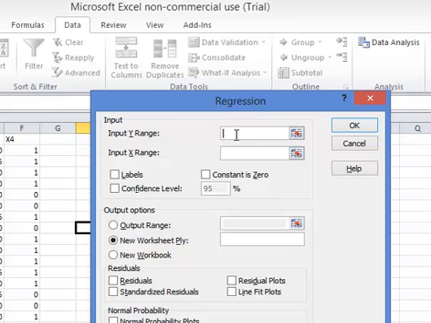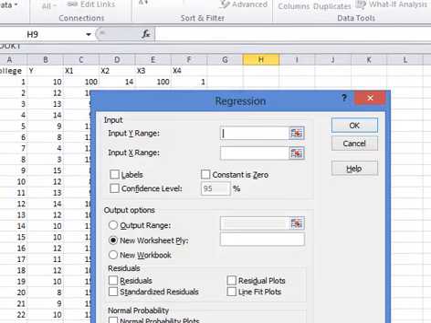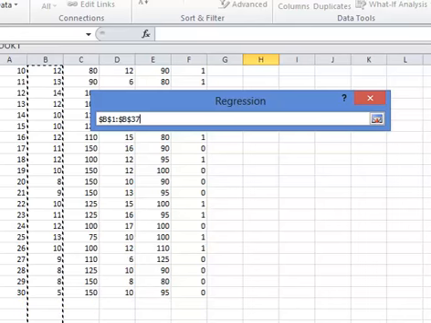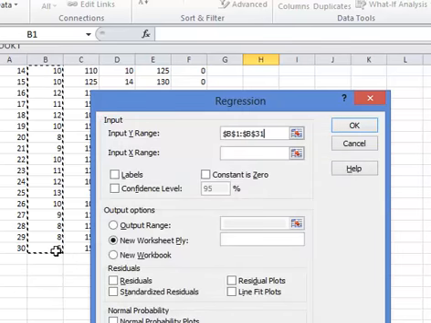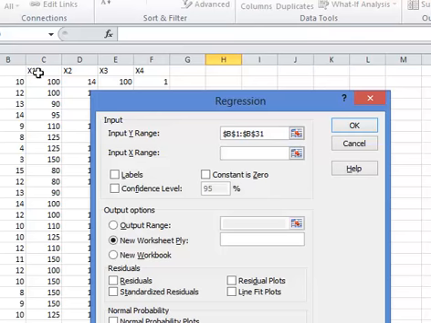In the Input Y Range, select the column headed by Y. Then in the Input X Range, select all the data for independent variables, including the labels.